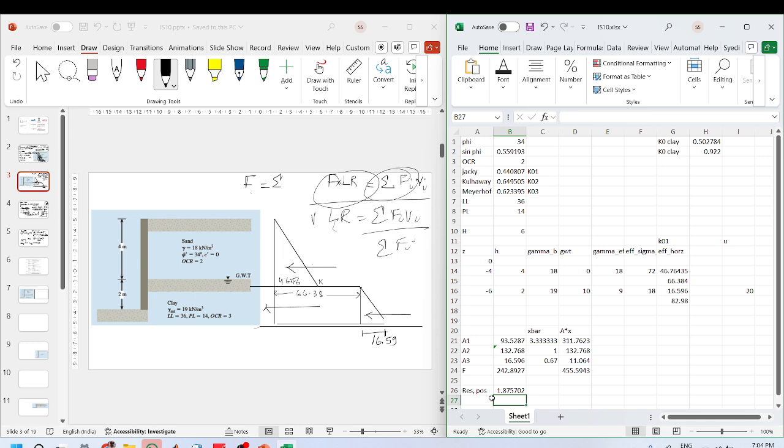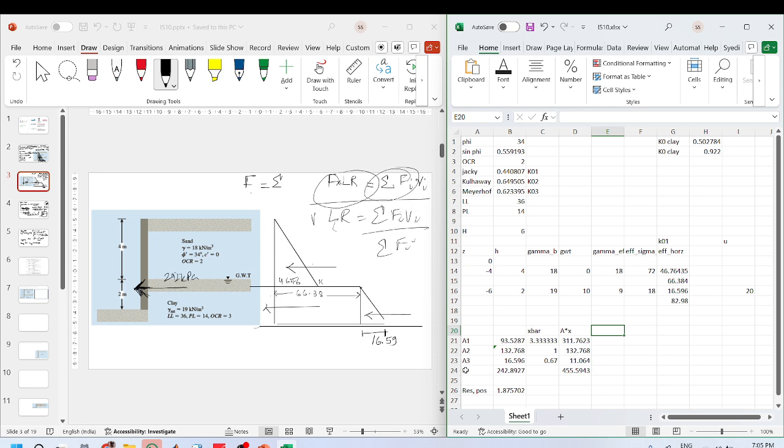So for effective stress at 1.8, somewhere here, you will have a resultant force acting. The force will be equal to 242 kPa.